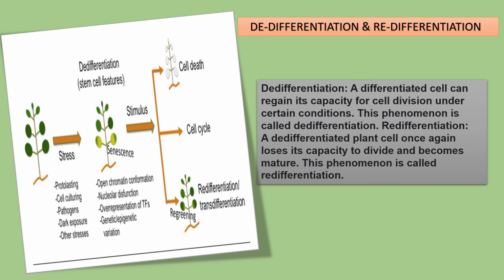You can see the diagrams, you can see the changes. After that, under stimulus, cell cycle happens, redifferentiation or transdifferentiation. That means regreening again happens, and at the end of the cycle, cell death occurs.